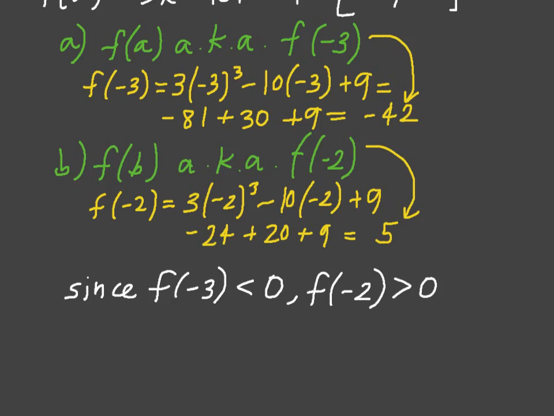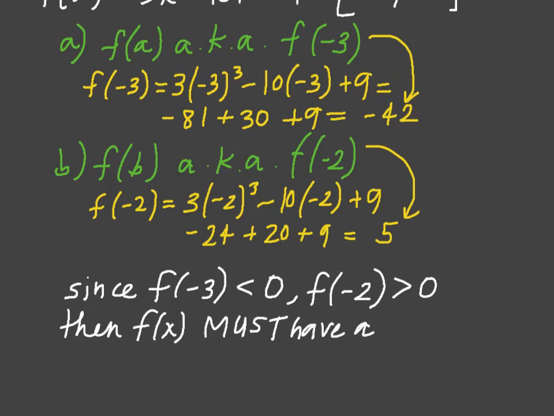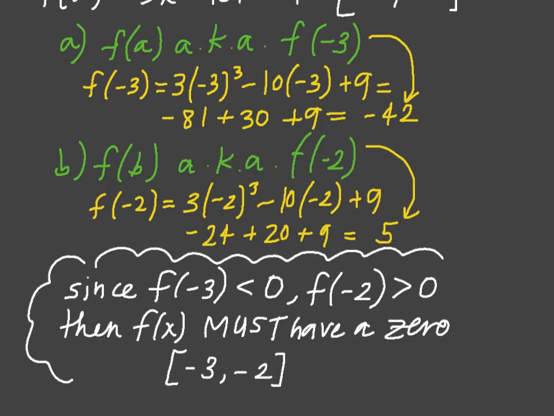Then the polynomial, I'll just call it f of x, the polynomial f of x must have a 0 because it's smooth and continuous on that interval. And that interval was what was given to us from negative 3 to negative 2. This is really what we come up with applying our two answers.